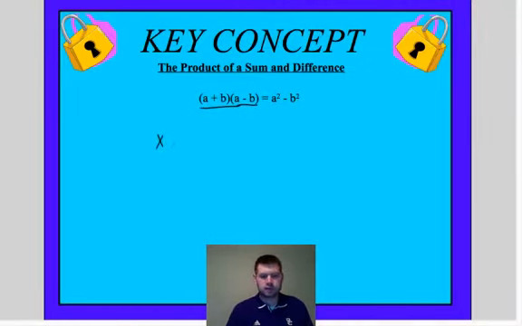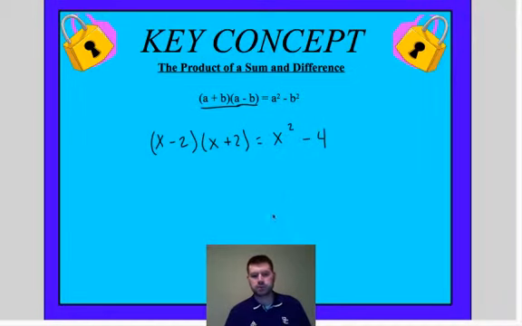So for an example, if I said x minus 2 and x plus 2, I even put them backwards here to show you that the commutative property works just the same. All I have to do is take x squared and then take 2 squared, which is 4, and just put subtraction in between. It will always be a subtraction in between.